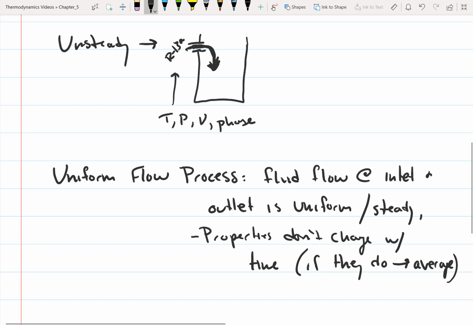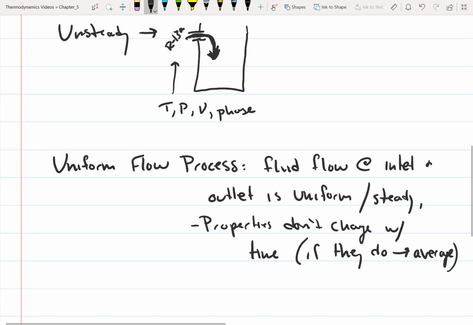But it might be important to be able to get a rough estimate of what's going on in the system before you spend a lot of time building a numerical model. So that's what we're trying to do here: figure out ways that we can simplify a problem to where we can get quick answers and quick ideas of what's going on in the system, and then later on you might do the more involved numerical model to solve the problem.